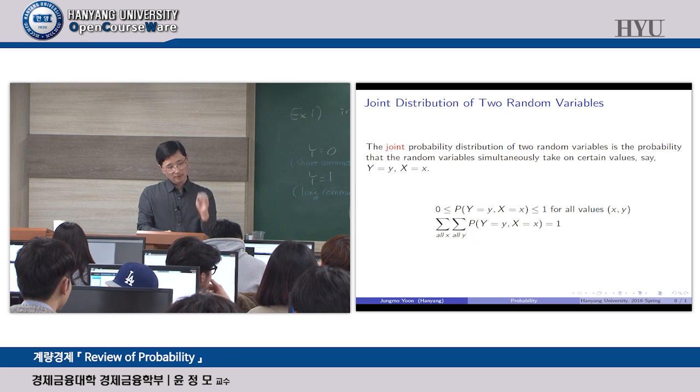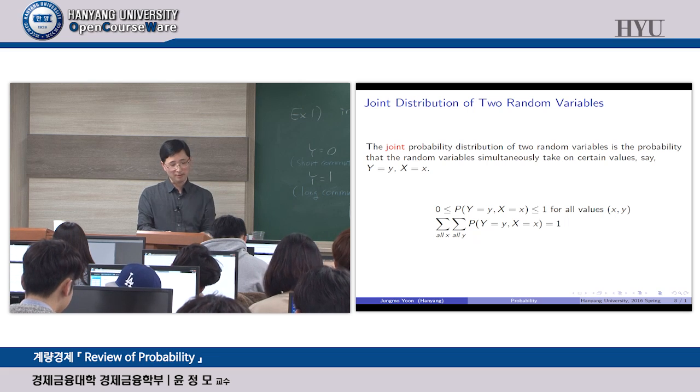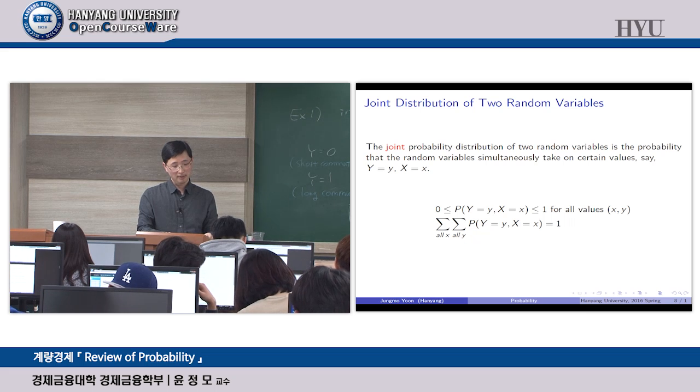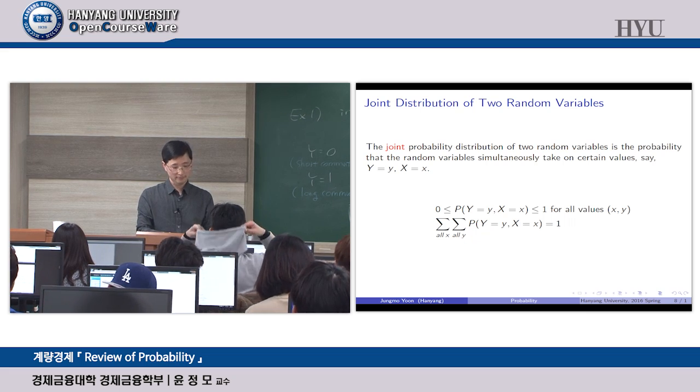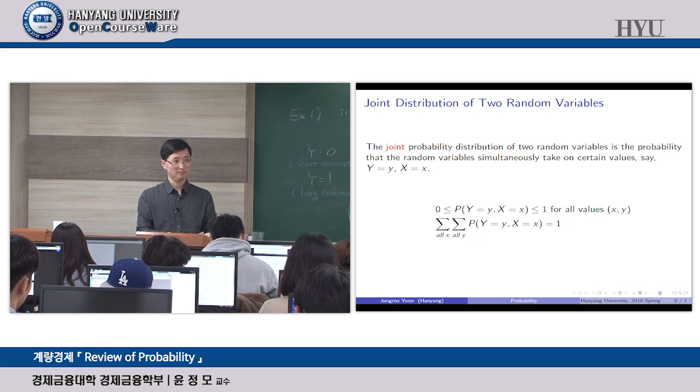Now, what's really important is the conditional probability. This class is all about conditional probability. The example is the probability of y gets 1 given that x is equal to 0. What does it mean?